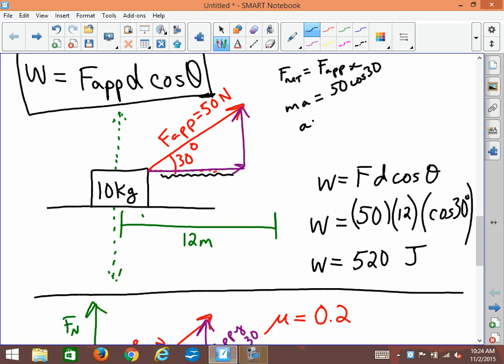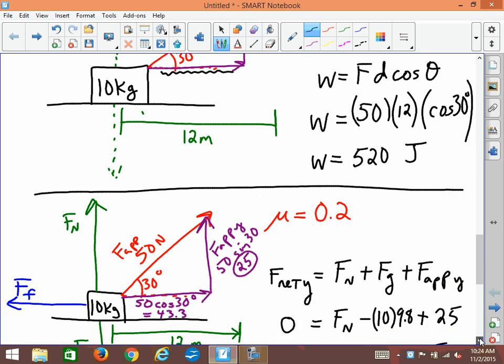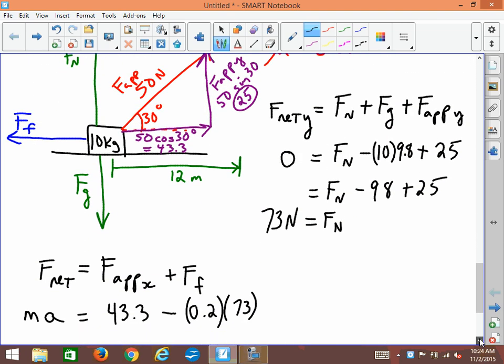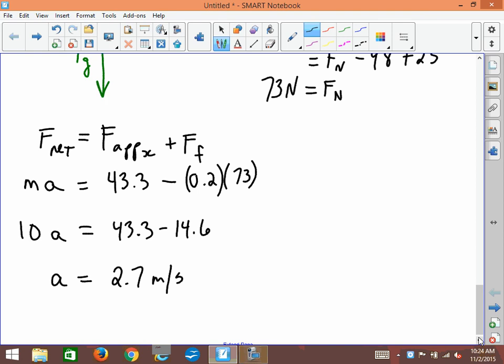So when you divide that by 10 for the mass, you're getting about 4.3 meters per second squared. That's a much faster acceleration than the one we got here because there's no friction. It makes sense.